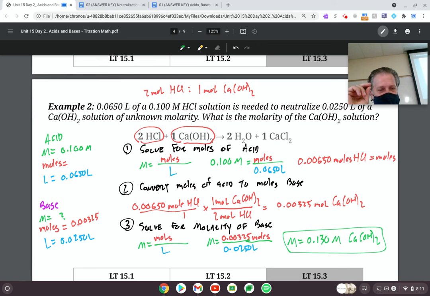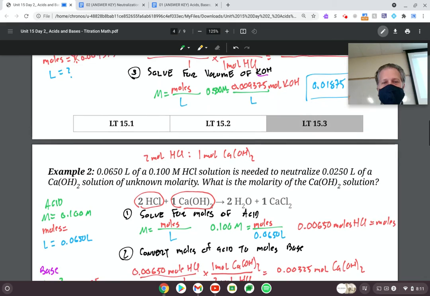I then had the number of moles of calcium hydroxide. I knew the volume that was used. So I was able to calculate the molarity to be 0.130. Now, here's the thing that's really important. In our step 2, well, we'll come back to that, I guess.